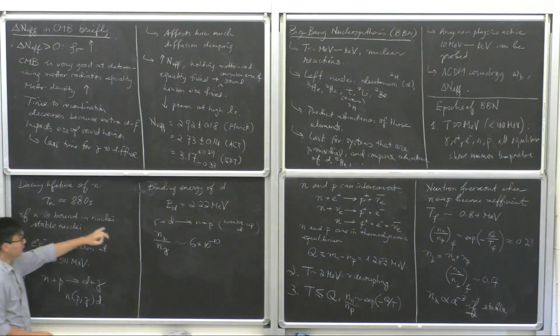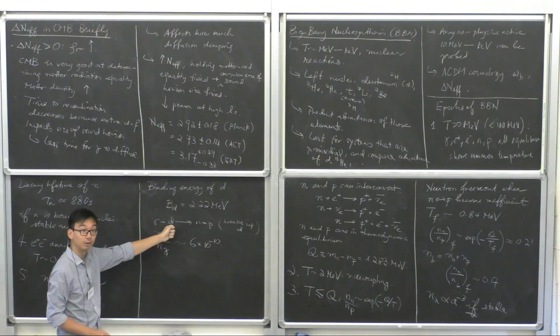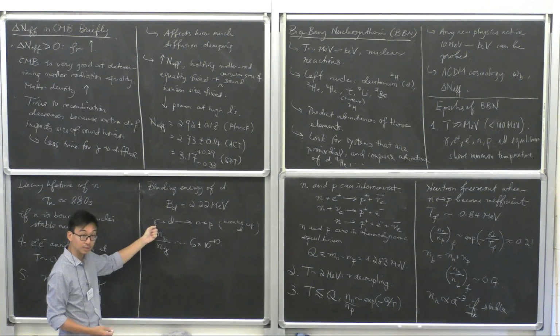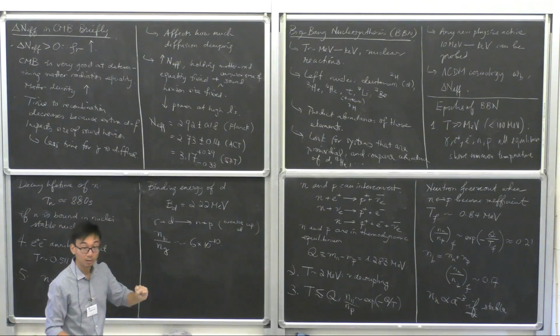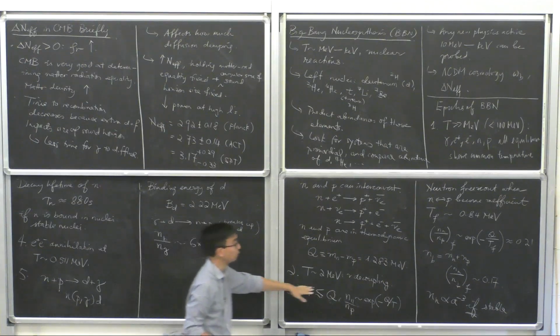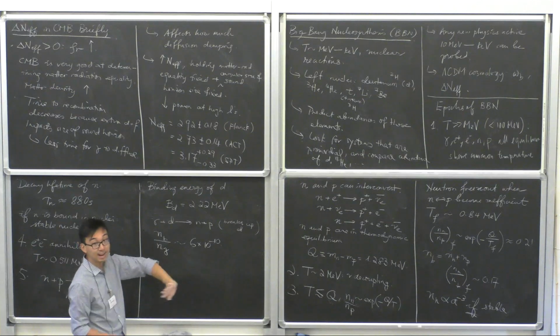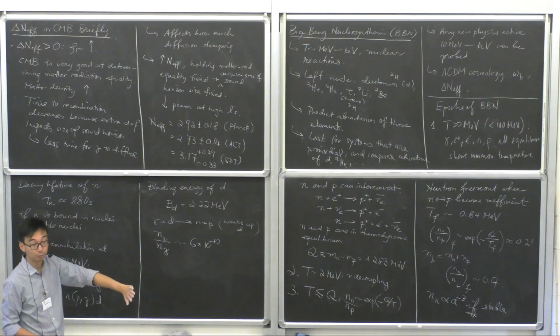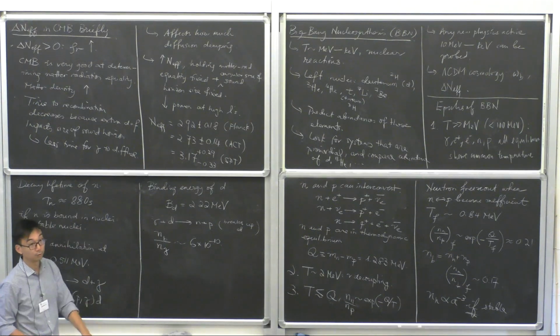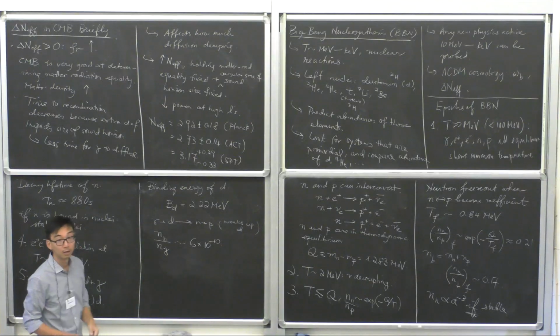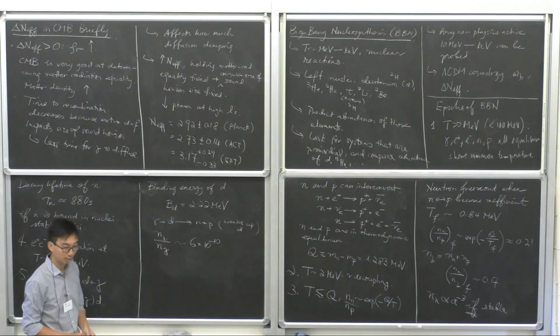So for every deuterium that you form, there are something like 10 to the 10 photons out there. Even though the temperature is at 0.84 MeV, at the high energy exponential tail of the photon distribution, there are still lots of photons able to break up deuterium at 2.22 MeV.